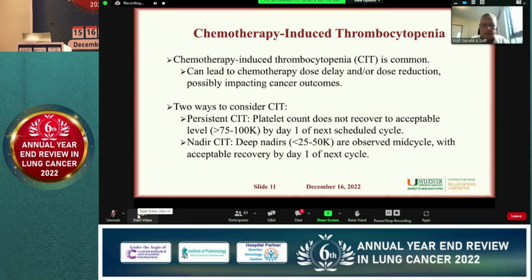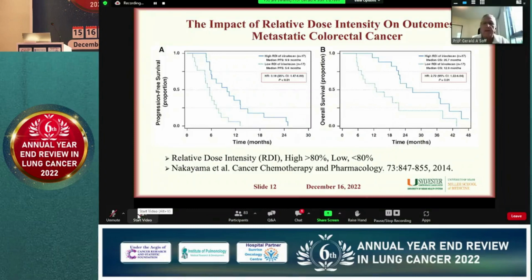Normal people have to volunteer to donate their blood or sit on a pheresis machine for several hours to get the platelets. So it's not really an intermediate to long-term solution. It's a good solution if there's an emergency, but otherwise it doesn't allow us to support the platelets through a course of chemotherapy. So the impact of persistent CIT is typically reduced dose intensity of chemotherapy.